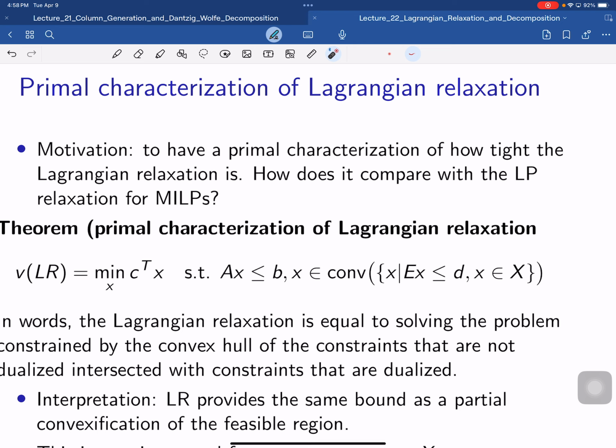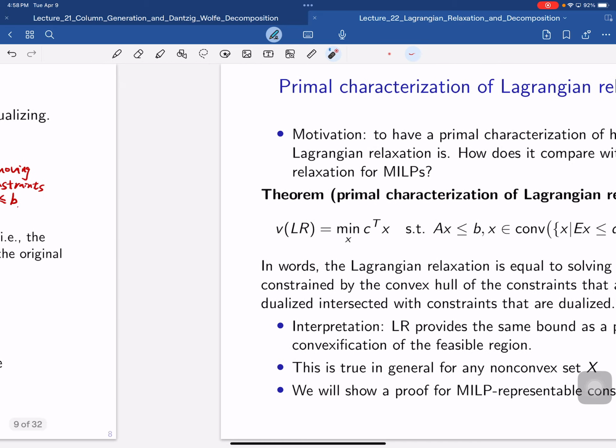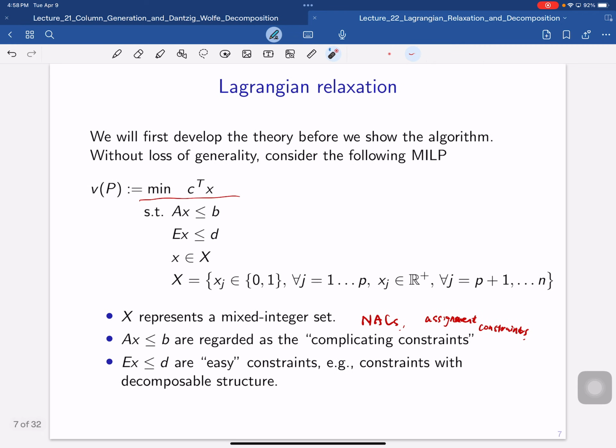So I just got a little confused. Is the convexified X going to have a continuous variable? Yes, so let's go back again so you are familiar with the notation.